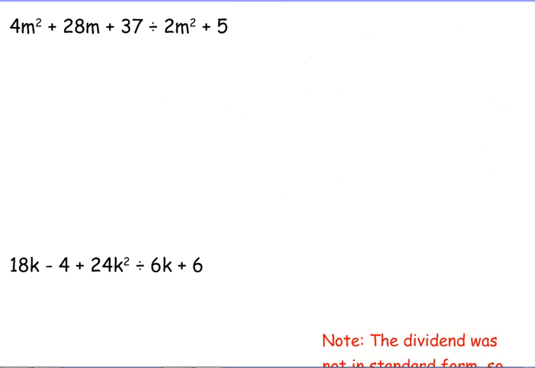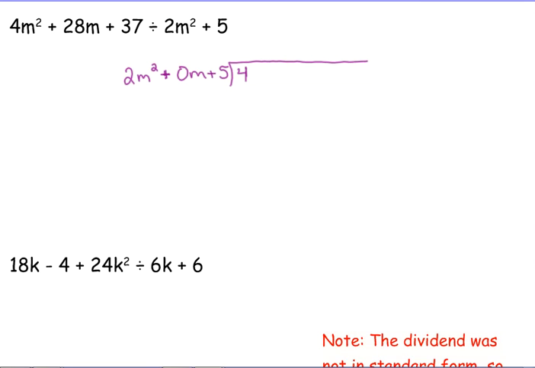Okay, 4m squared plus 28m plus 37 divided by 2m squared plus 5. Our divisor is missing the linear term, so I need to put a plus 0m in there.